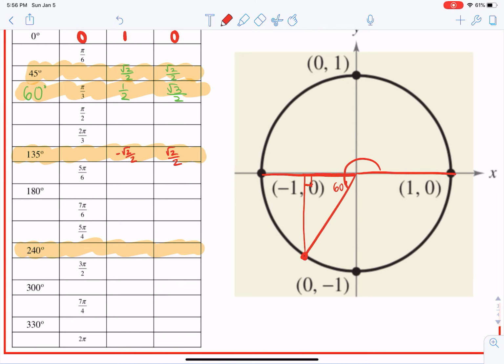I'd be going over 1/2, so negative 1/2, and down negative square root of 3/2. Again, knowing that my radius is 1, so the hypotenuse of that special right triangle is 1. So over here, I'm at negative 1/2 and negative square root of 3/2 at 240 degrees.